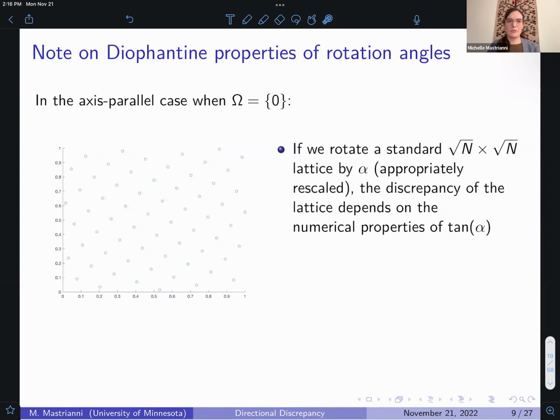Okay, so in order to talk about this, I need to say a brief note on Diophantine properties of rotation angles.